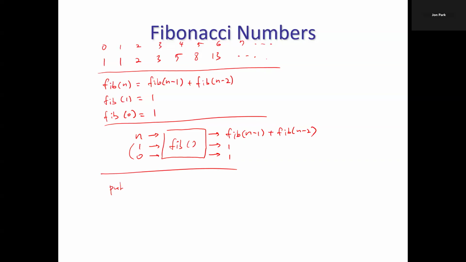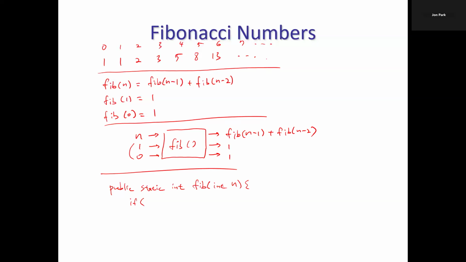So we have public static int fib, int n. What are the conditions we're looking for? Kathleen? 0 and 1.